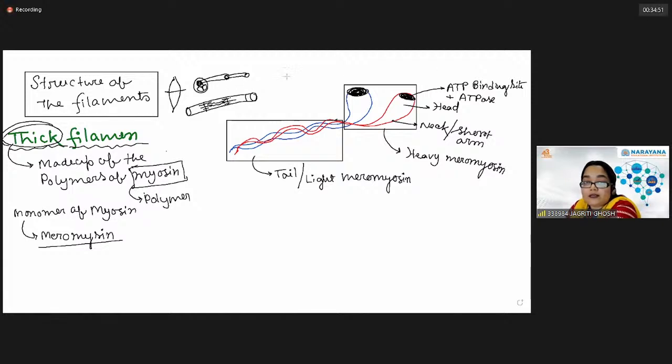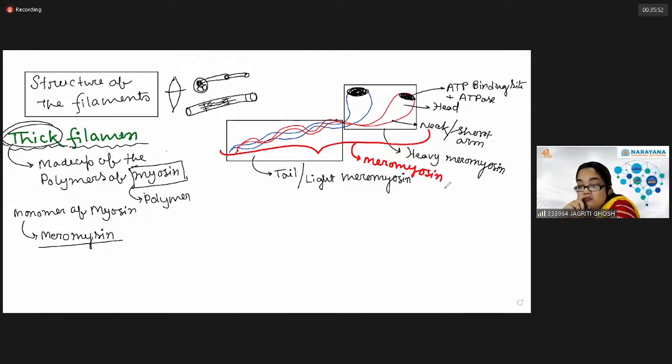I'm drawing this with a red color. So totally this is a myosin which has a heavy part or heavy meromyosin, which contains the head part only, and then the tail part or light meromyosin. Together, this total thing is called one meromyosin. Clear?